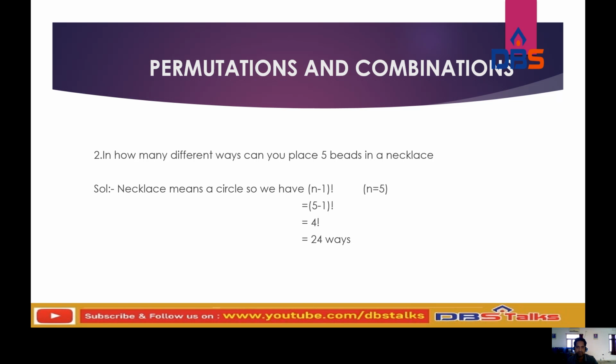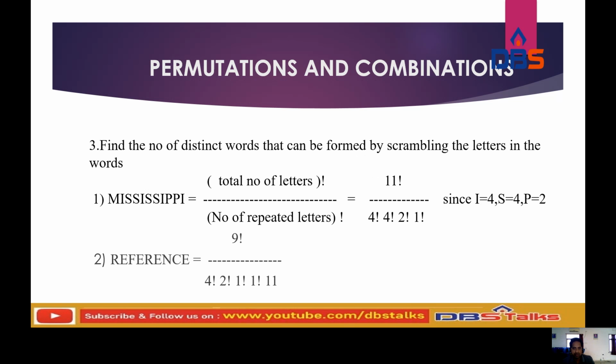See, MISSISSIPPI: the total number of letters is 11, counting 1, 2, 3, up to 11. So 11 factorial divided by the factorials of the repeated letters. M occurs one time, 1 factorial; S occurs 4 times, 4 factorial; P occurs 2 times, 2 factorial; I occurs 4 times, 4 factorial.